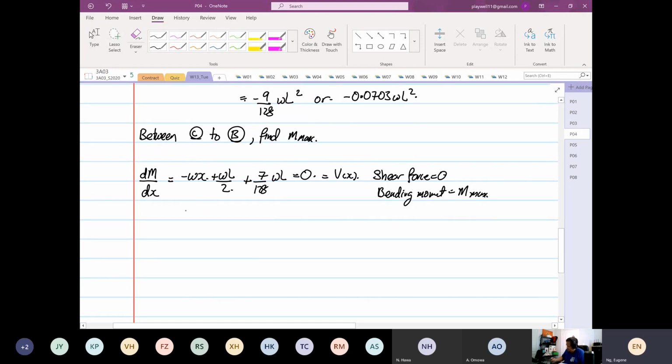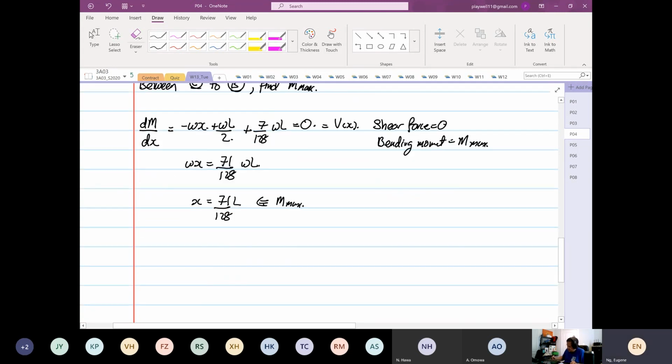So x, omega x is equal to half plus 7 over 128, which is equal to 71 over 128 omega L. So x is equal to 71 over 128 L. Okay, so at this position, where we will get what? Mmax.